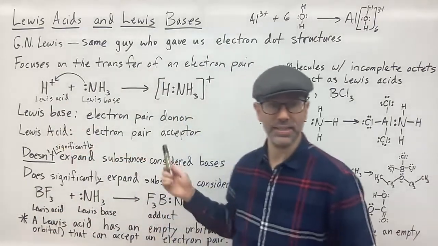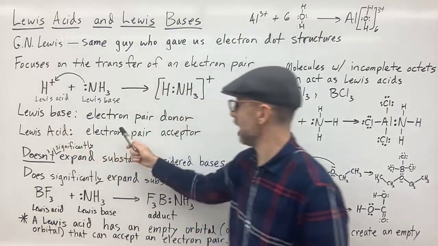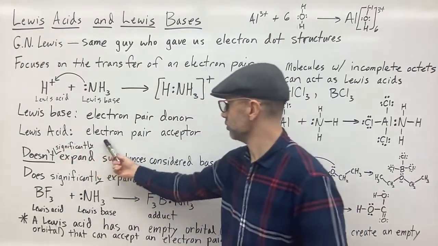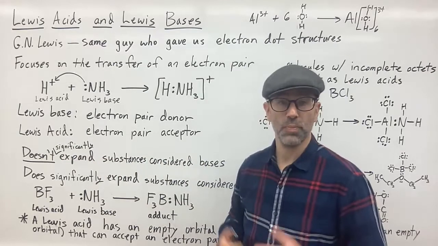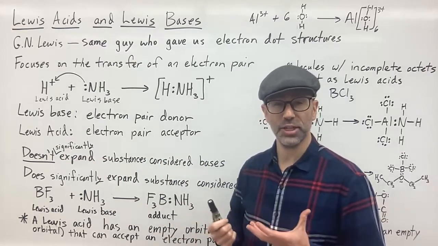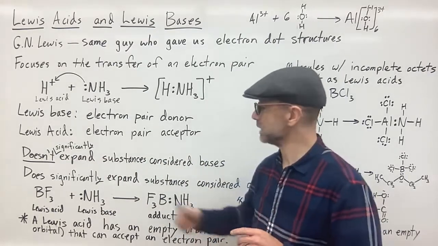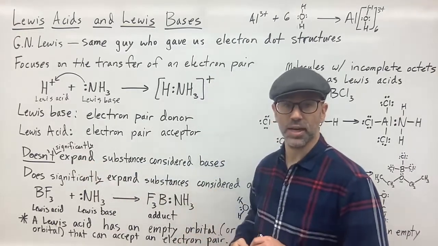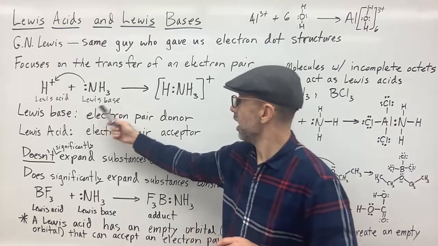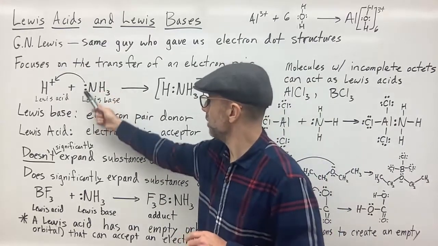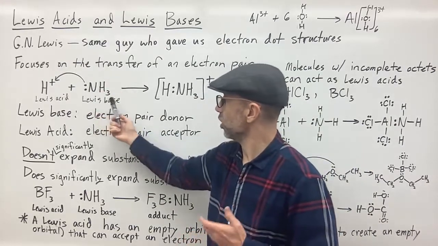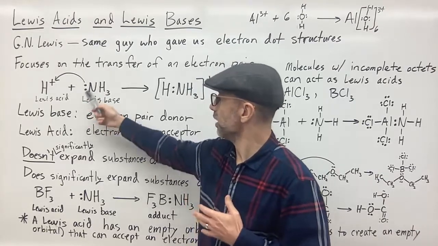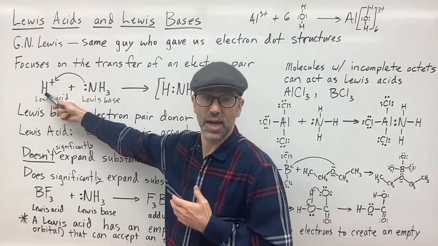So by his definition, a Lewis base is an electron pair donor, and a Lewis acid is an electron pair acceptor. Although these definitions don't really expand significantly the substances considered as bases, because a Lewis base, an electron pair donor, is also going to be a proton acceptor.